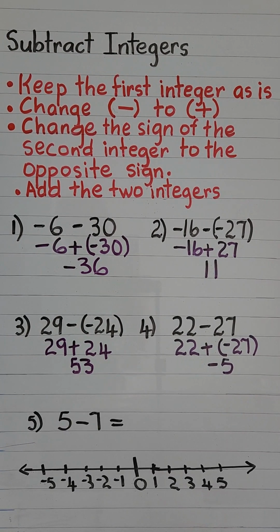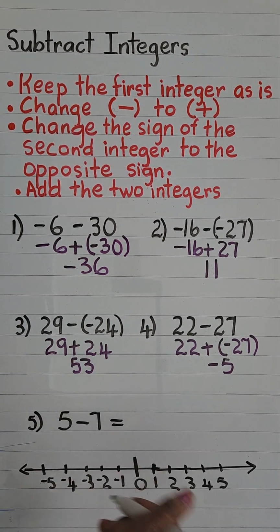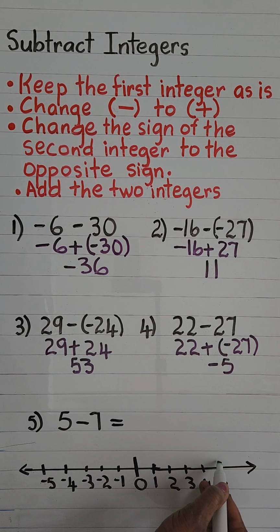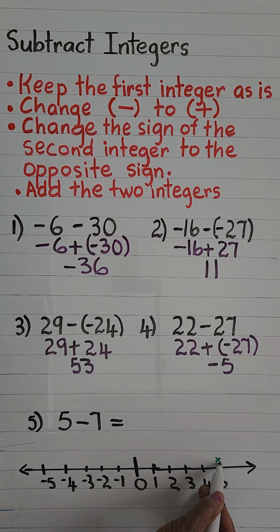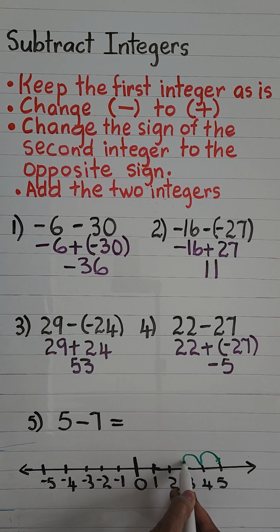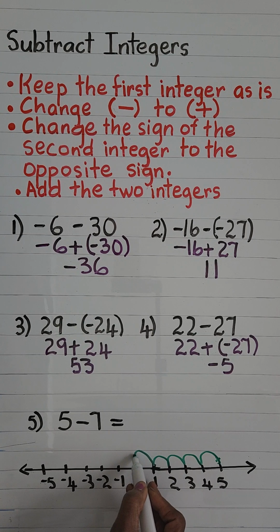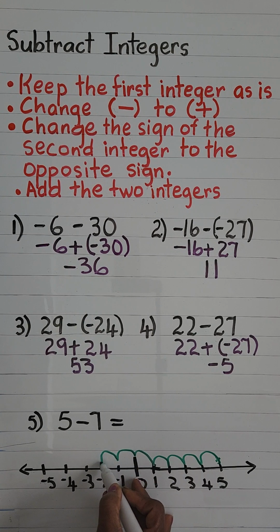So let's try our last example on the number line. 5 minus 7. Okay, so 5 is a positive 5. So we're going to start right there at 5. And we're going to minus 7. That means we're going to go to the left 7 spaces. So it is 1, 2, 3, 4, 5, 6, 7.